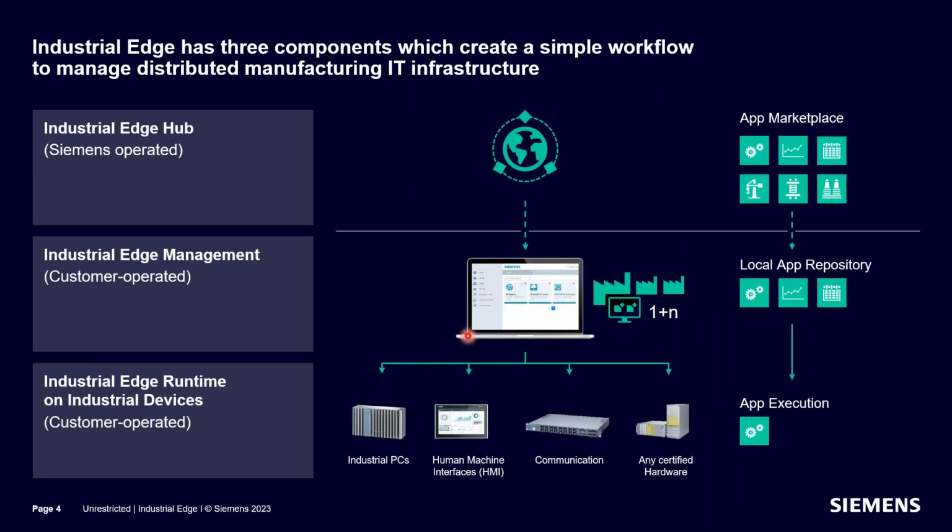Now, what does that exactly mean in regard of the Industrial Edge platform from Siemens? Siemens Industrial Edge consists of 3 components. First, on top is the Industrial Edge Hub, which is Siemens operated, and the hub is, for the user, the global repository for his apps, for the different management systems, for the update management, etc. And on the factory level, there runs the management system, which is responsible for managing the applications and devices within the factory.